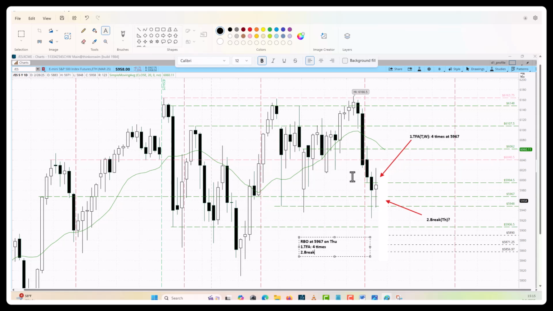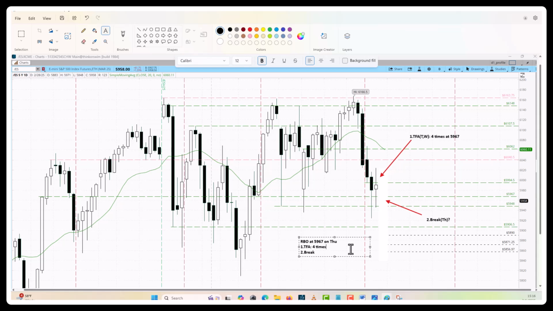And if we count back a little bit more, we can see that it tested that level 2 times, another 2 times, so a total of 4 times already. So on Thursday, if it comes down to this level again, it will break it. All right, so that's the real breakout set up beautifully right there.